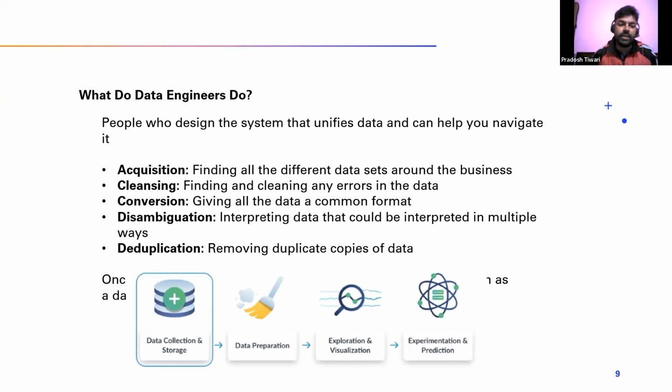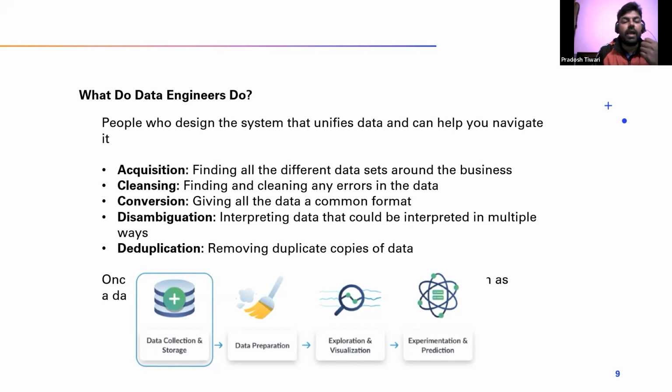First, whenever we get data from different data sets, we do data acquisition. In the real world, when you buy some property, you acquire that property. In the same way in data engineering, we acquire this data.